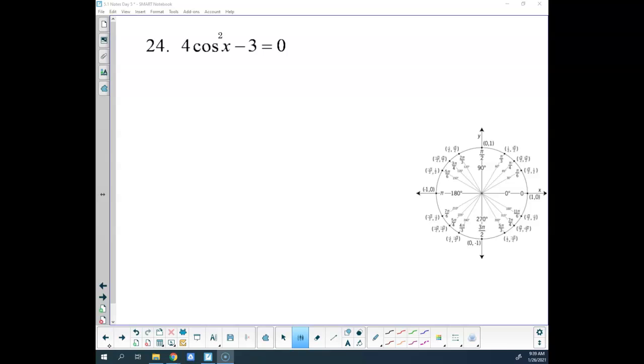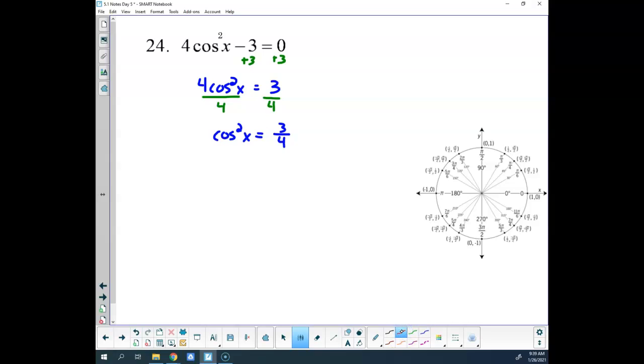So first I would add 3. That would give me 4 cosine squared of x is equal to 3. Then I would divide both sides by 4. That would give me cosine squared of x equals 3/4.